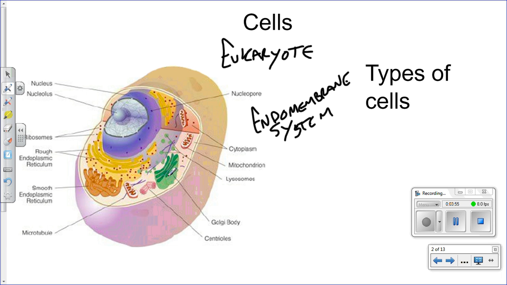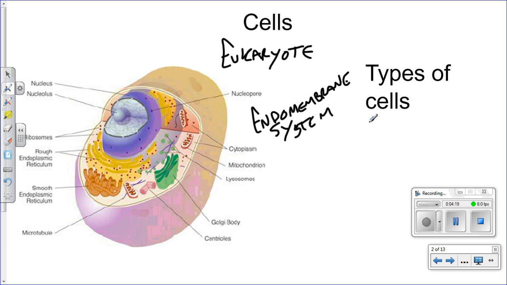The Golgi body will then modify it, add some tags to it, make it a precise 3D structure. It then leaves on the trans side here with another budding vesicle, binds up with the plasma membrane, the lipid bilayer, and then is exocytotically pushed out of the cell. And if we're talking about insulin, it'll be pushed into the bloodstream. All right, and then it's transported throughout the body.